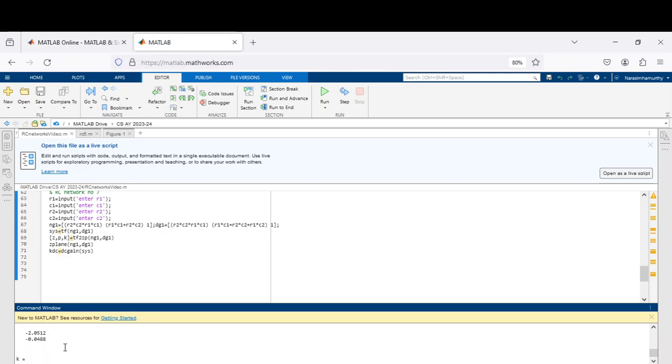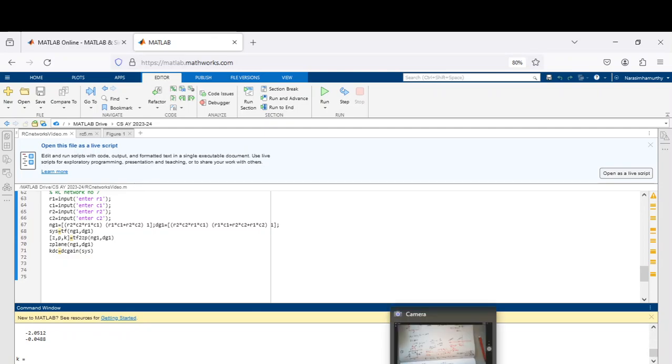Where are the poles? The poles are at -488 and -20,512, it's actually 10 power 4.